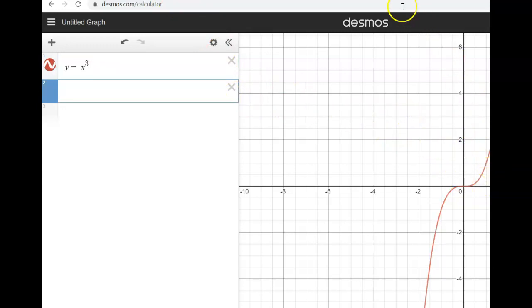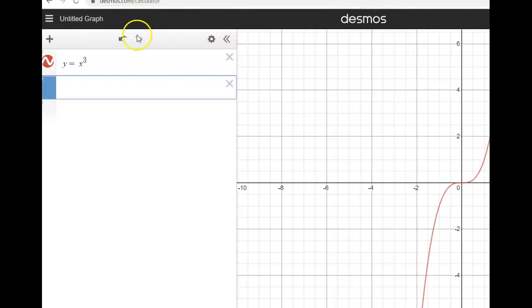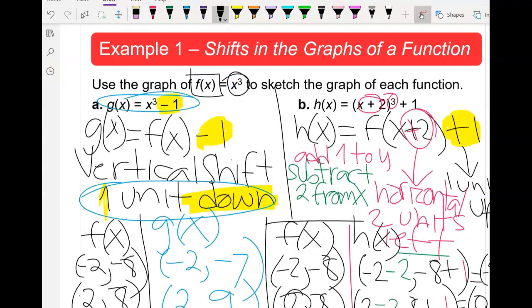That will be the cubic parent function. And then for the second equation, I'm going to check what it was again. X cubed minus 1. Okay, and I just realized that I made a mistake. So here for part A, we have a -1. So I think I added instead of subtracting to the y value. It's moving down, so this should have been -8 minus 1.